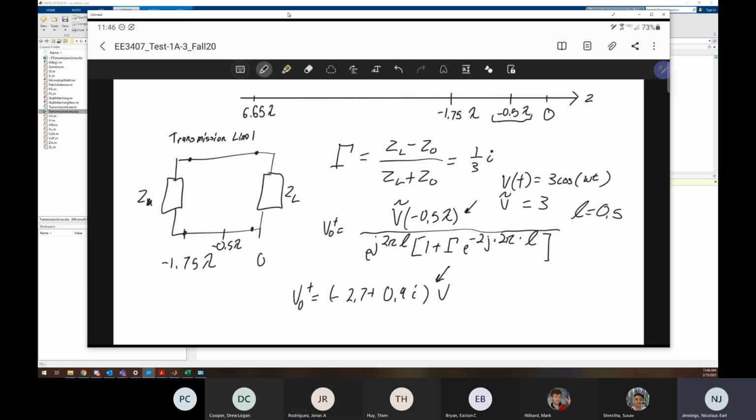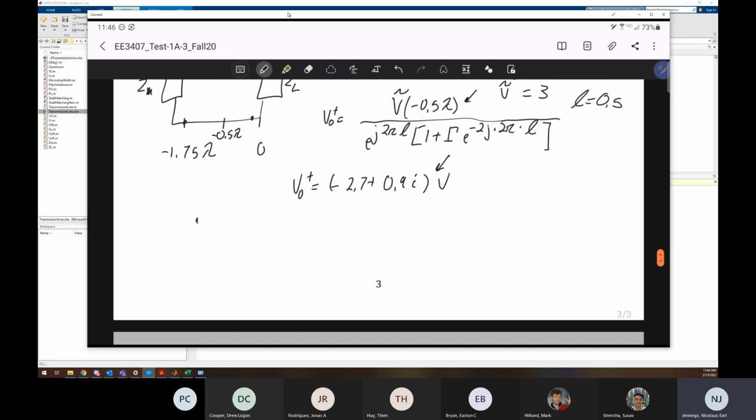So what I wrote out was, just so I can show you the work, V naught plus is equal to 3 volts over e to the j 2 pi 0.5 times 1 plus 1 over 3 j e to the minus 2 j 2 pi 0.5. Yeah, and for me, with negative 0.5 or positive, I got the same result of negative 2.7 plus 0.9 j.